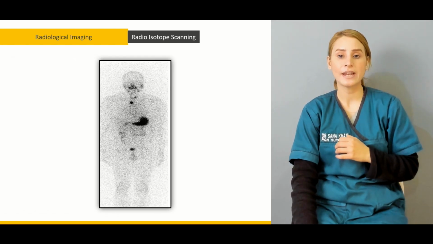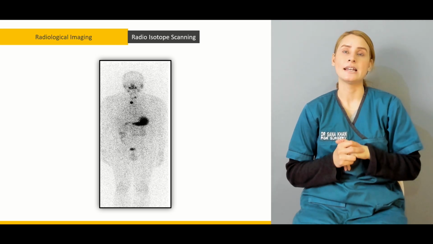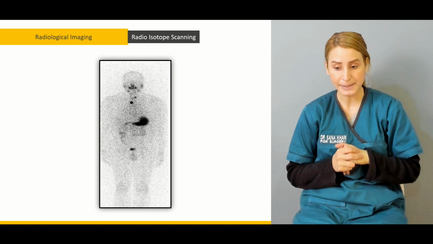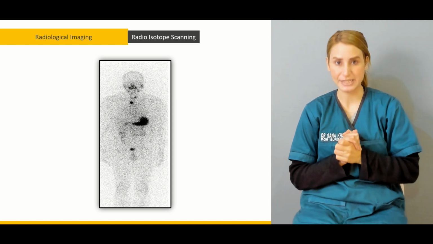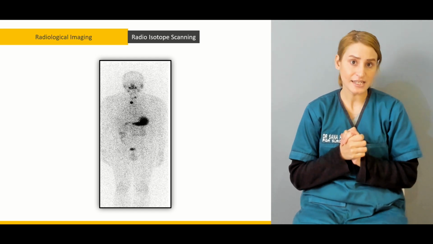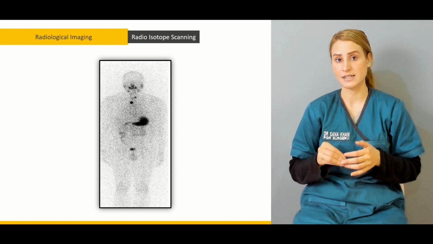Then comes the radioisotope scanning. The radioisotope scanning is usually helpful in conditions in which there is RBC destruction and hemolysis, and you need to see if the spleen is the cause of that hemolysis.